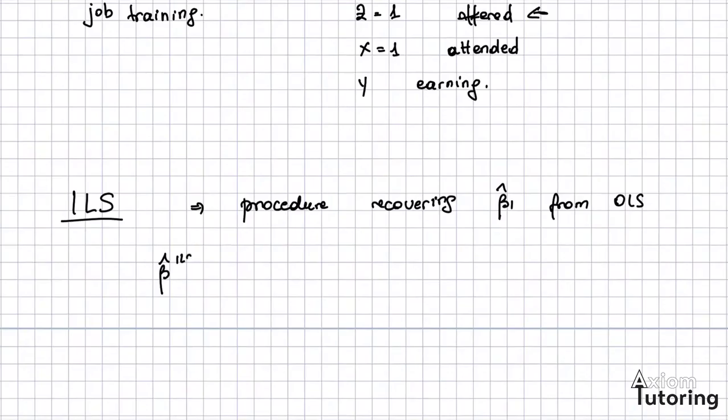The beta ILS is also gamma 1 hat over pi 1 hat. But instead of running 2SLS directly, you run 2 OLS regressions. So you run the first stage plus the reduced form, okay? And divide one coefficient by the other. So this indirectly recovers the structural coefficient, and hence the name indirect least squares.